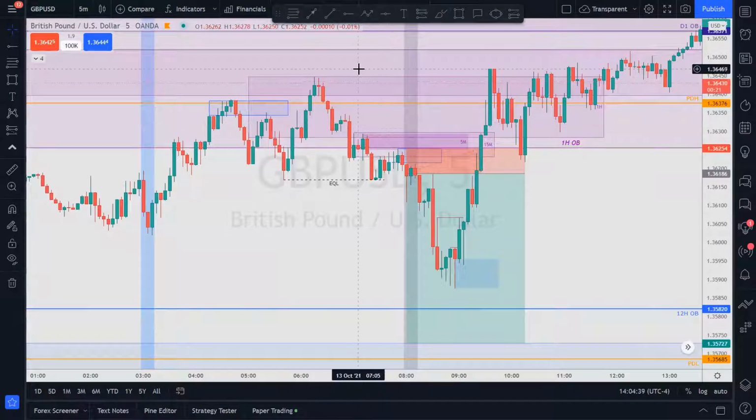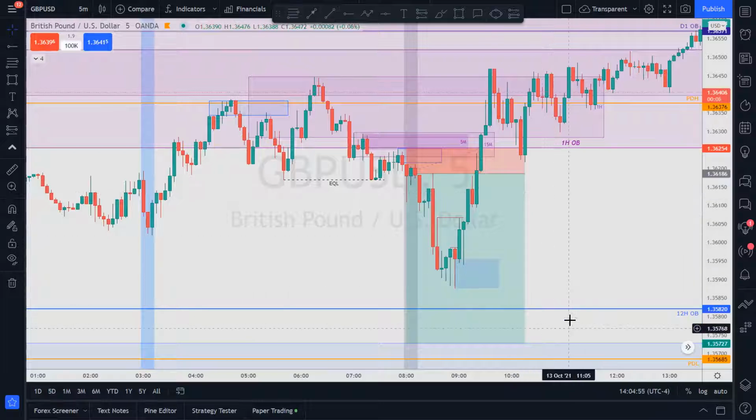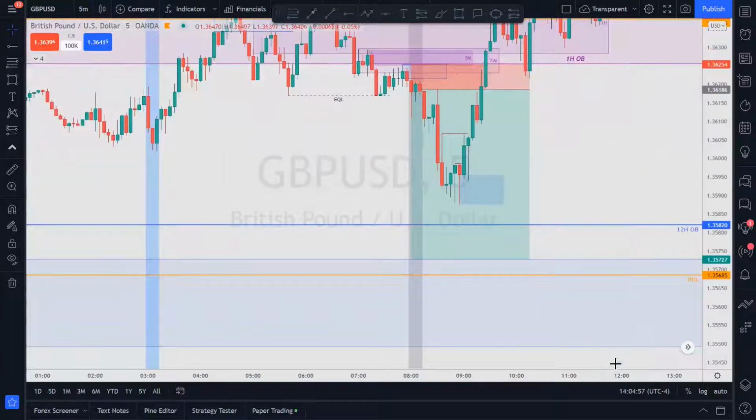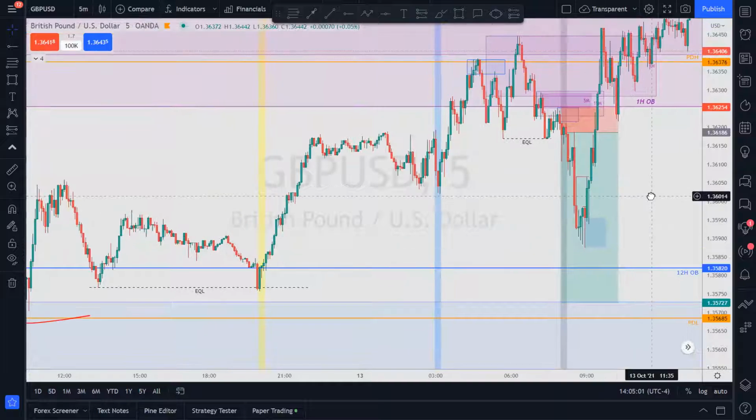I'm not going to be taking buys, just not. I mean, why would you do that? Price could just turn around on you and do what supply does with price, send price bearish. All right, I'm not going to take sells into demand zones either. That's just not smart.